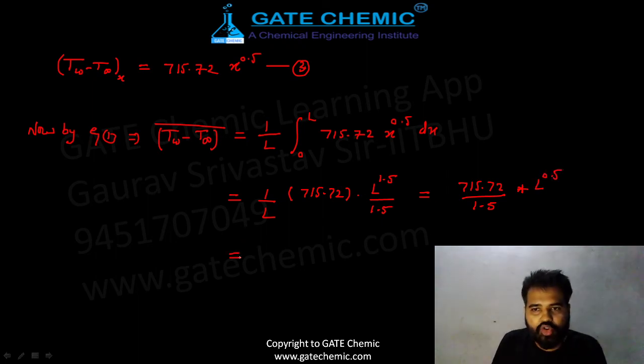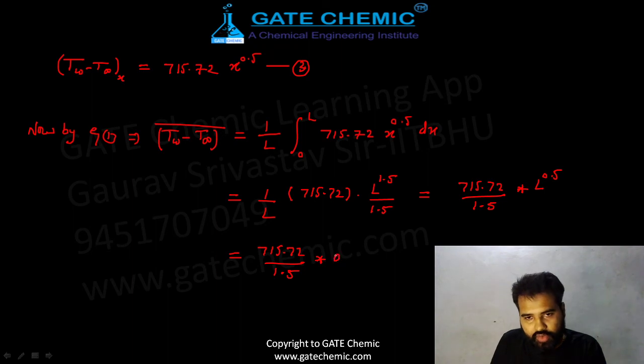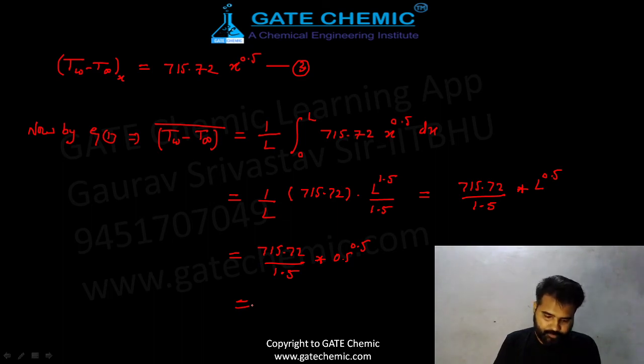The value of L was 0.5. So 715.72 upon 1.5 into 0.5 to the power 0.5. But please tell me, after solving, what will you get? 337.394.